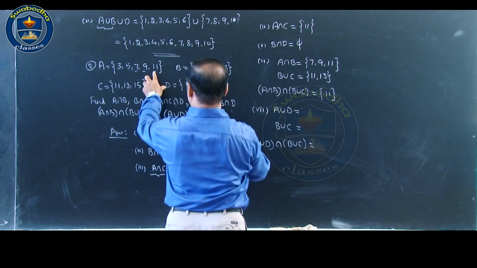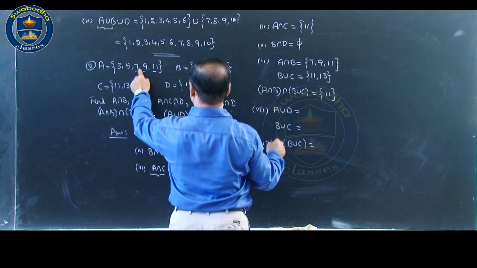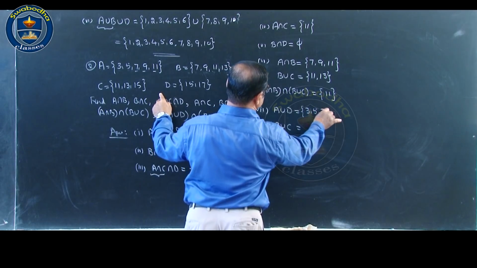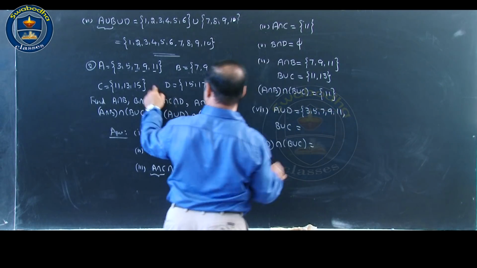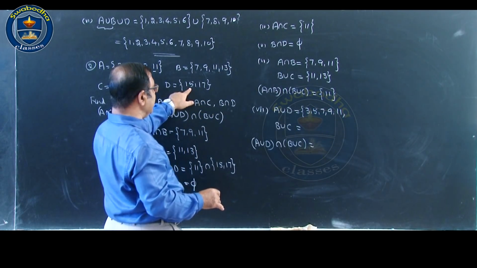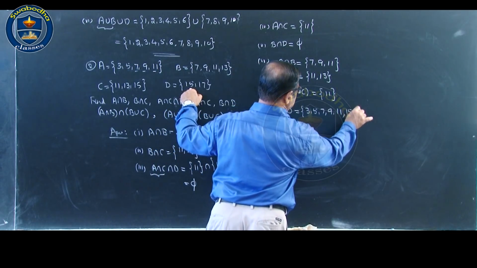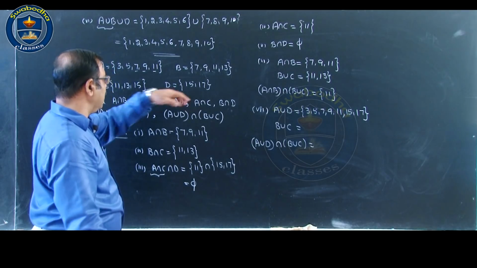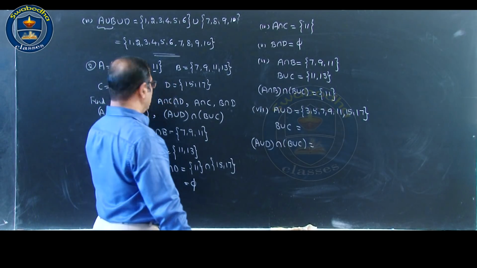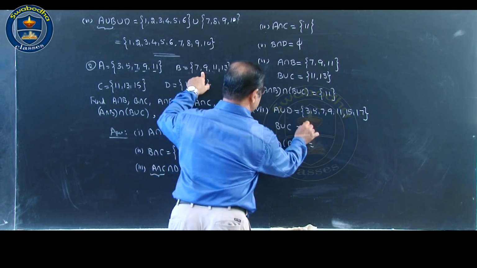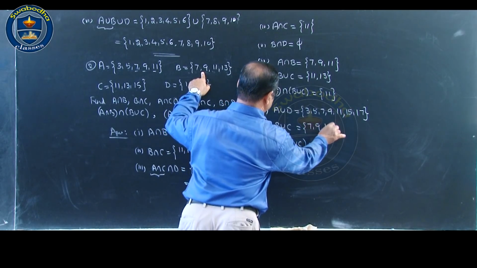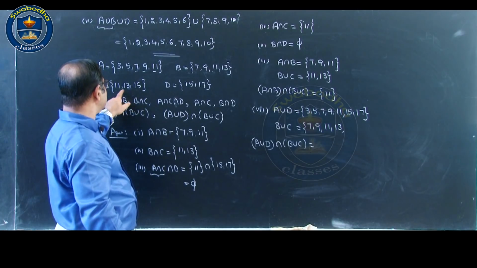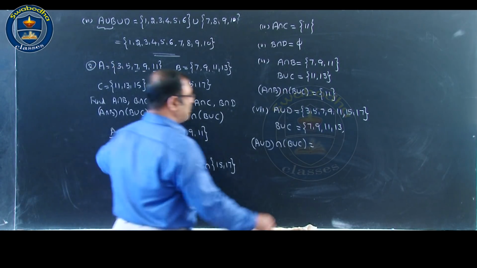Look here, A is 3, 5, 7, 9, 11, and D is 15, 17. Then B union C: 7, 9, 11, 13. Here 11, 13 is already there. Therefore, you have to write 15.